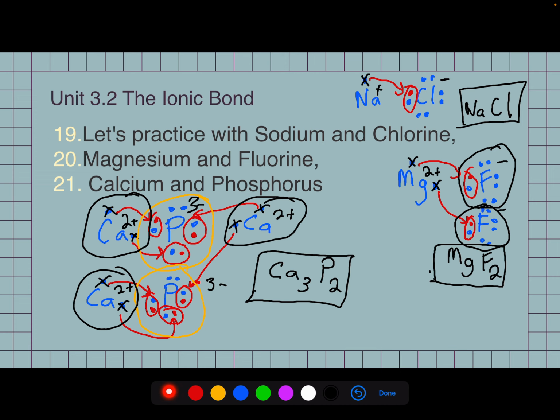So that is our notes, I believe, for 3.1 and 3.2. You're going to be given a few half sheets for practice. You're going to be given first the beginning level, which is all simple. It's really easy. It's just the metal giving it over to the non-metal one at a time.